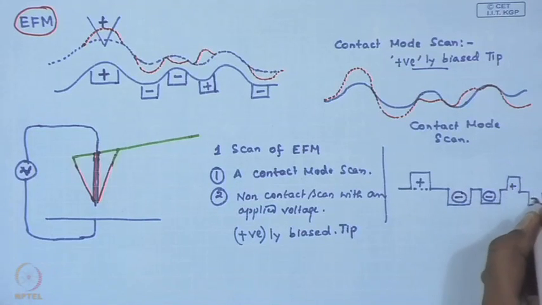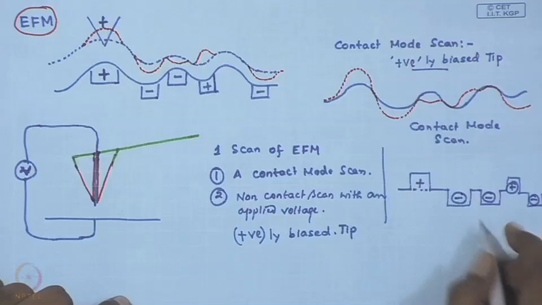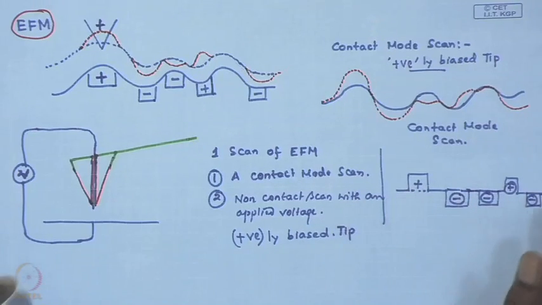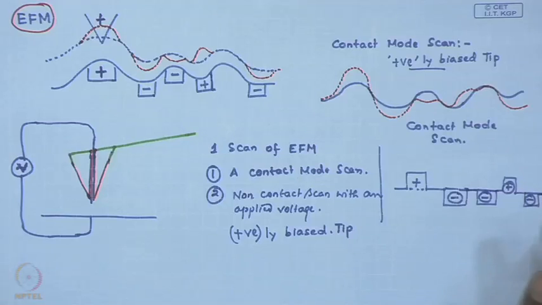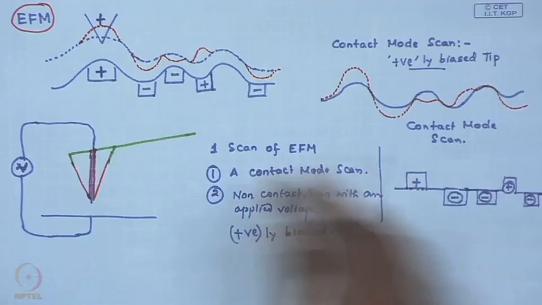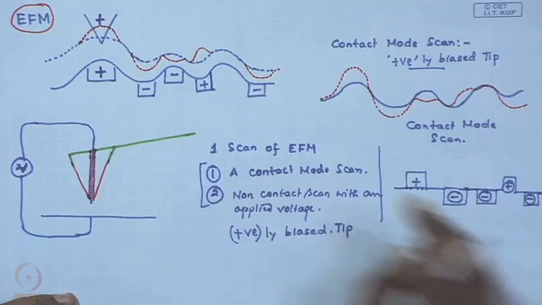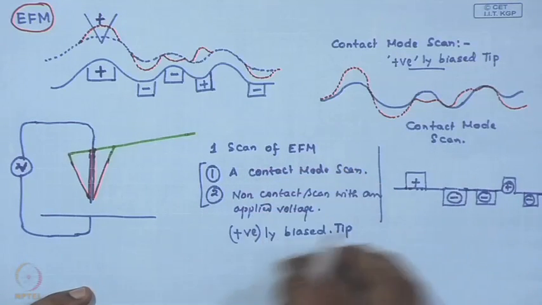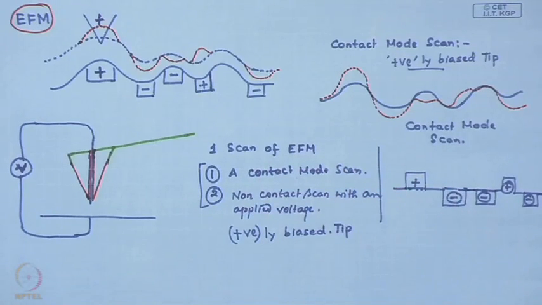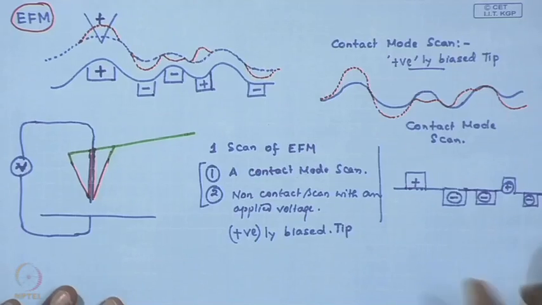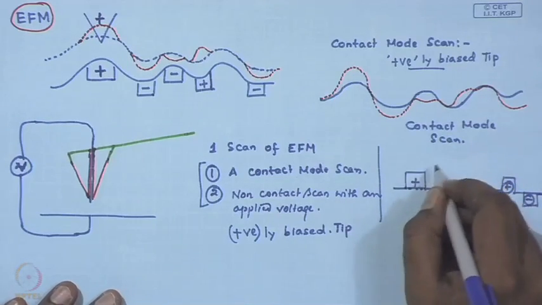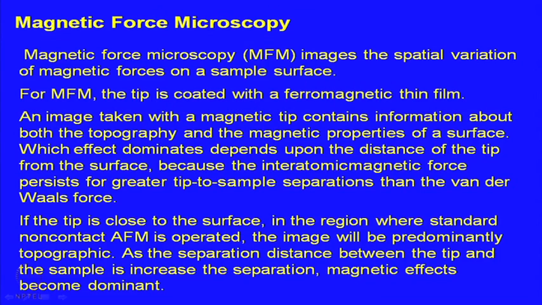That way you can generate a map of the local variation in the electrical property of a surface. So this is what is done. One single EFM scan involves two scans, and you can understand the utility of non-contact imaging also. Often you have to operate in the subtractive mode.